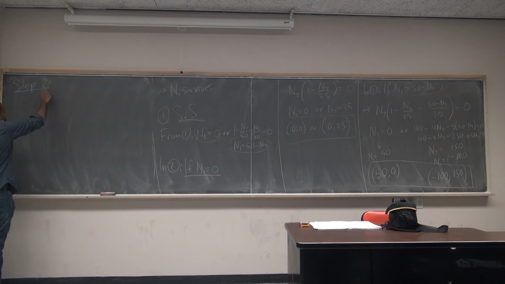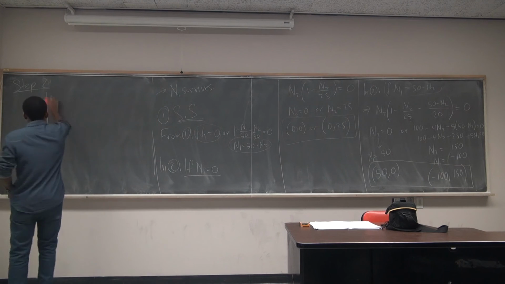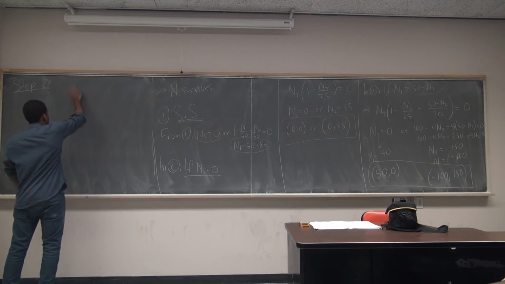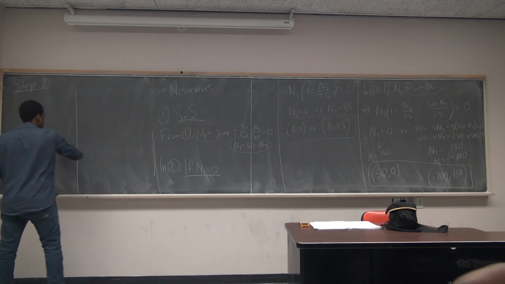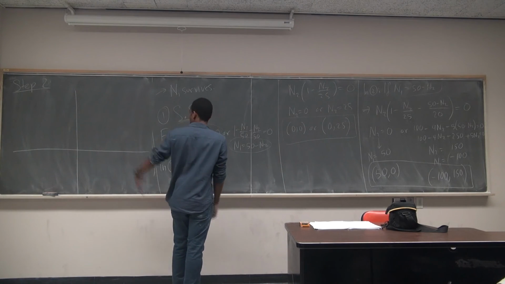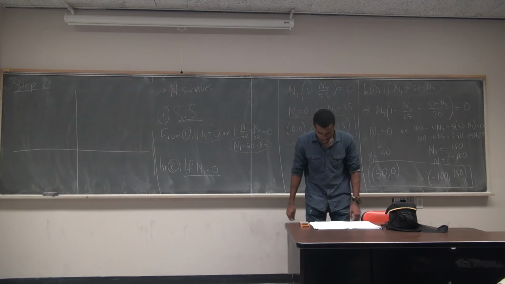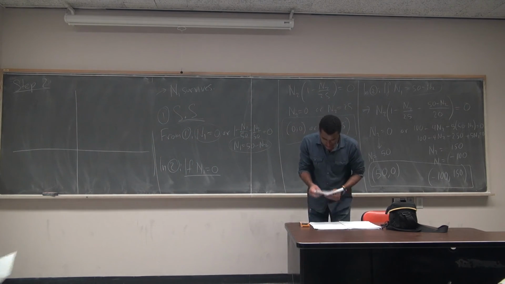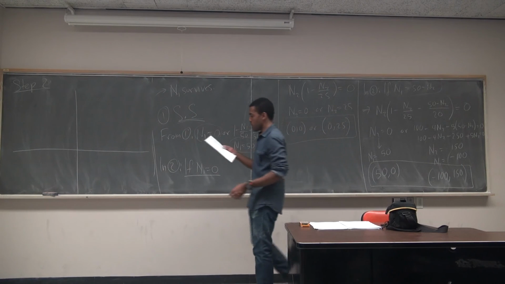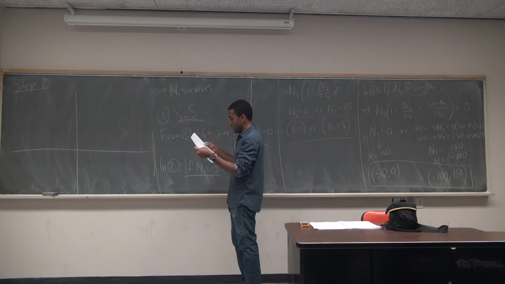Step 2, we're going to draw those nullclines. I'm going to want to make sure I can get a minus 100 in there. So remember what the nullclines are. You take the insides equal to 0. So I have 1 minus n1 over 50 minus n2 over 50 equals 0. I'm going to plot that.